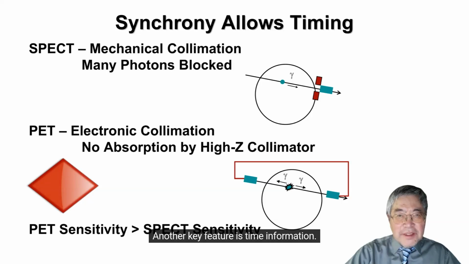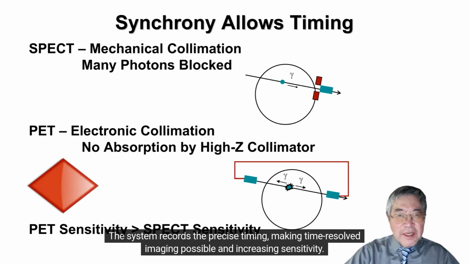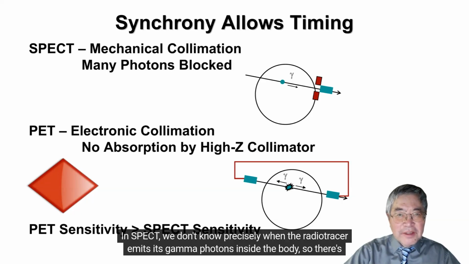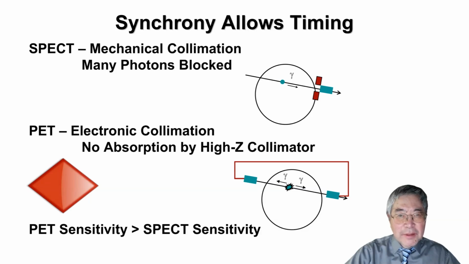Another key feature is time information. In PET, 2 photons resulting from an annihilation are emitted simultaneously. The system records the precise timing, making time-resolved imaging possible and increasing sensitivity. In SPECT, we don't know precisely when the radio tracer emits its gamma photons inside the body, so there's no available timescale, just as in standard X-ray imaging where we can't control the emission timing for each photon.